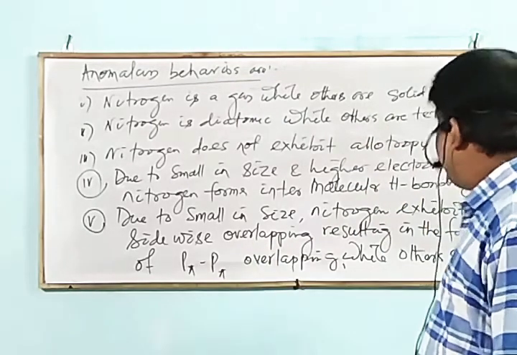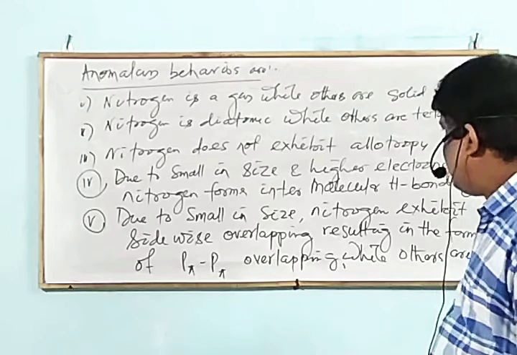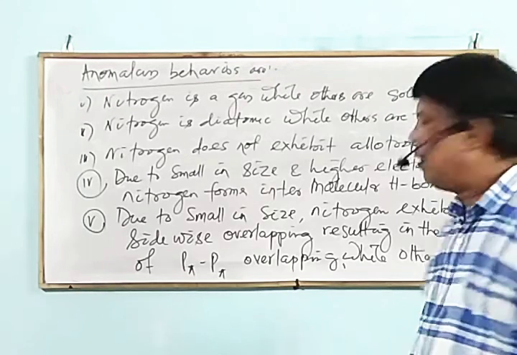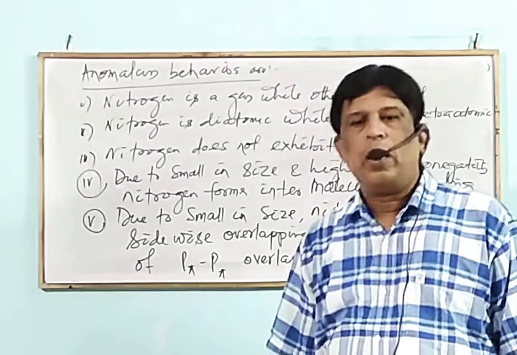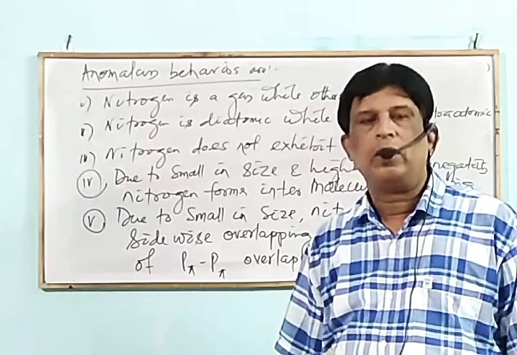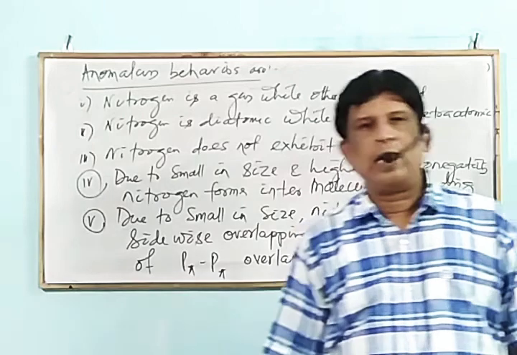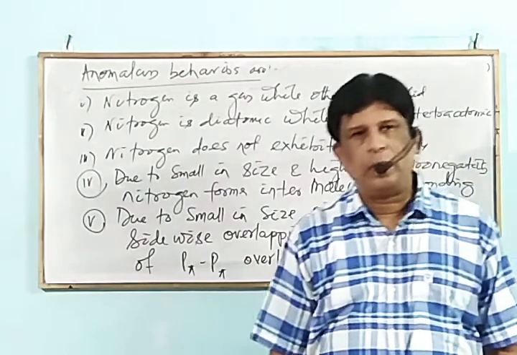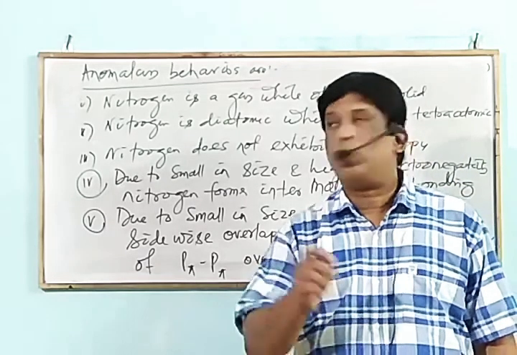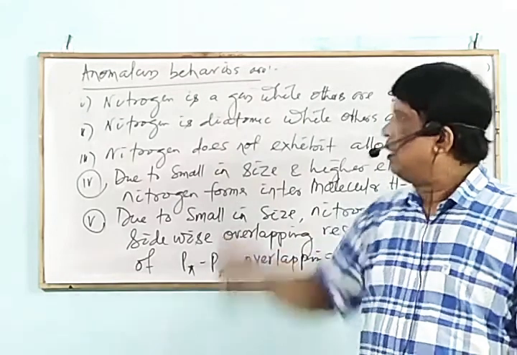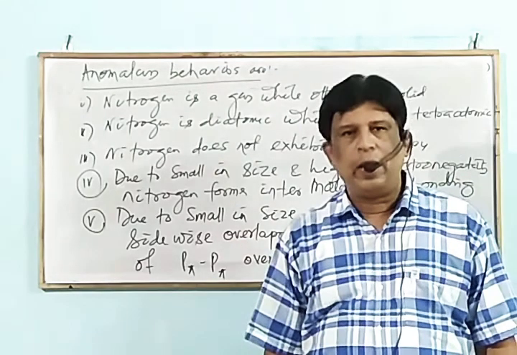And last one, due to small size, nitrogen exhibits sidewise overlapping, resulting in the formation of p-pi overlapping, while others are unable to exhibit this type of p-pi overlapping. This is important, so many points are there, that is anomalous behavior of nitrogen.